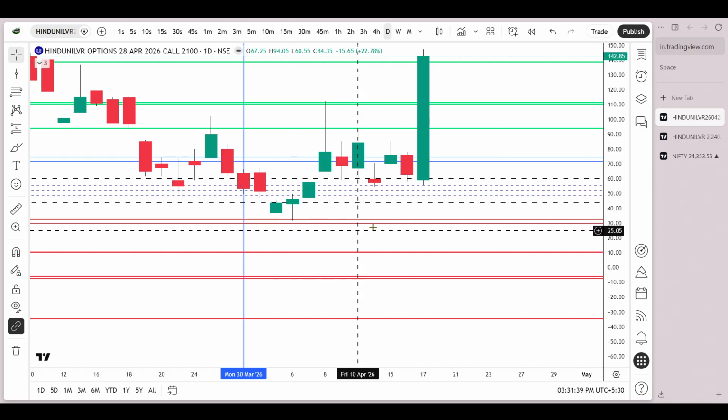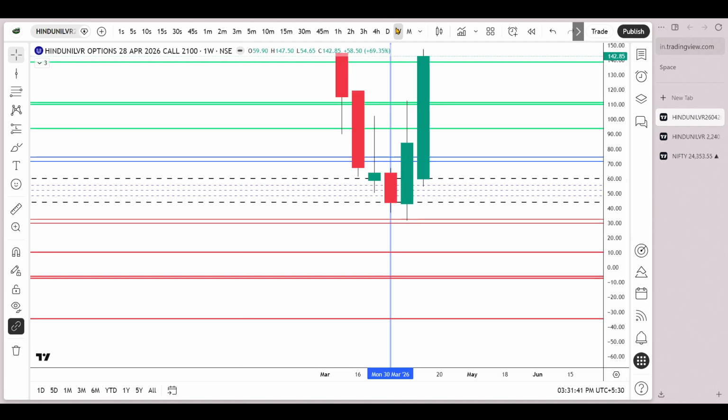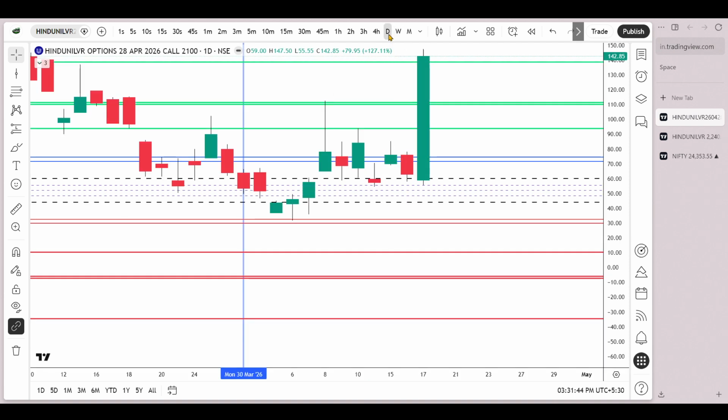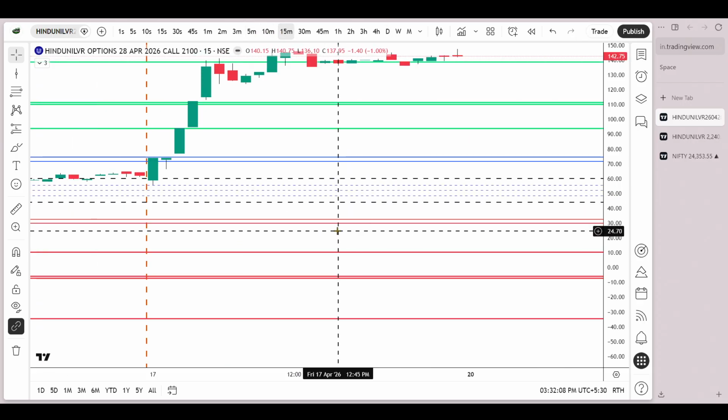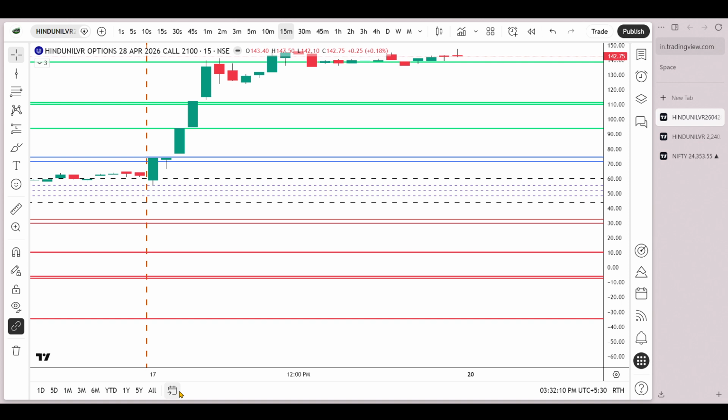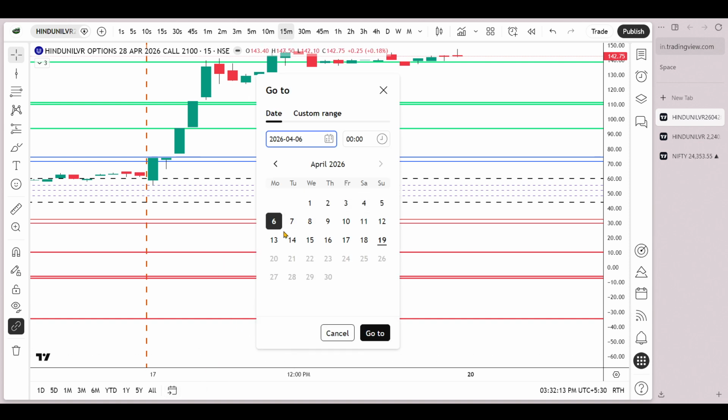This one I marked in weekly, that is positional. Now come to the daily time frame. We need to take entry here only, with a stop loss of very few points, I think 2-3 points. For entry, come to the lower time frame, 15 minutes. This is on April 6th.